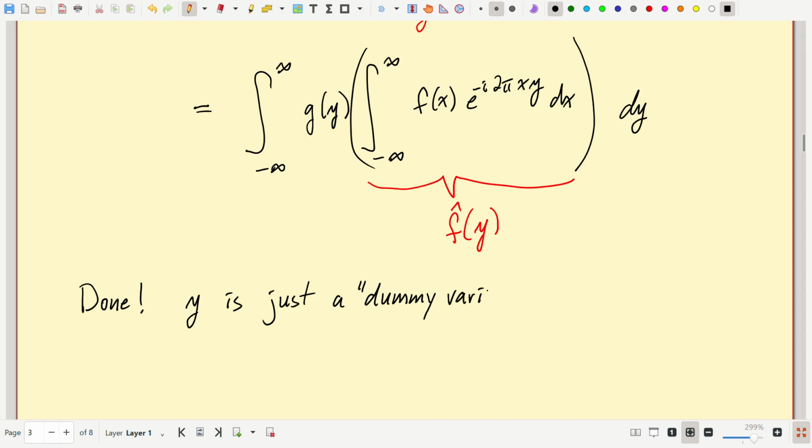Doesn't matter what you call it. Change it to x, here in the second spot. So that's a pretty routine fact. Questions about that?